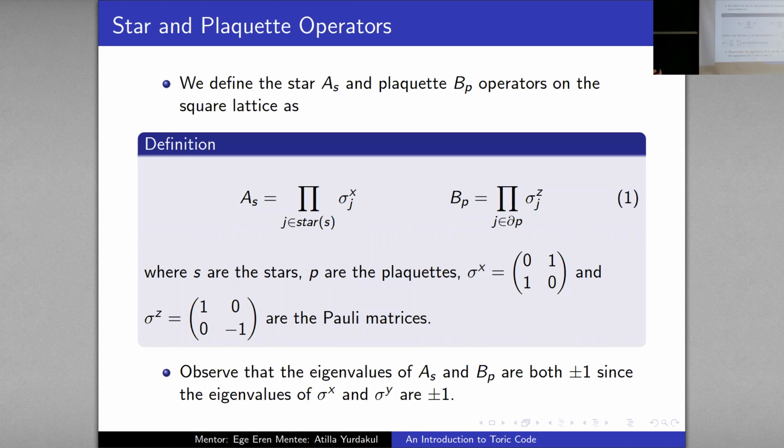We define these operators as the product of sigma x and sigma z's, where sigma x and sigma z are Pauli matrices. Observe that the eigenvalues of the stars and the plaquettes are both plus and minus 1.